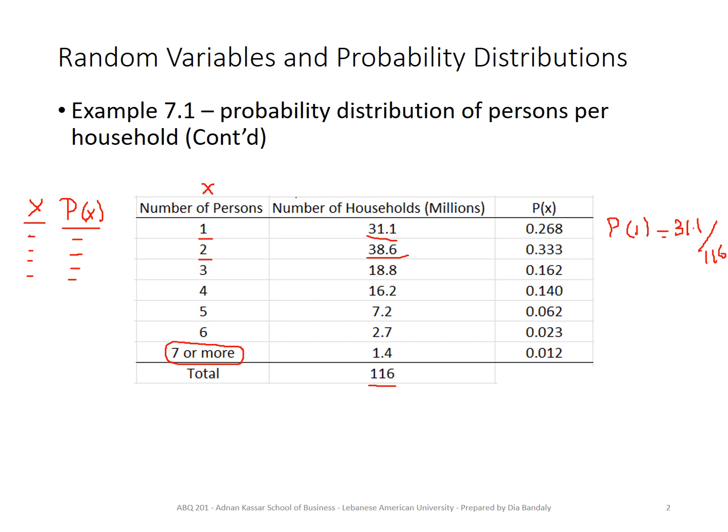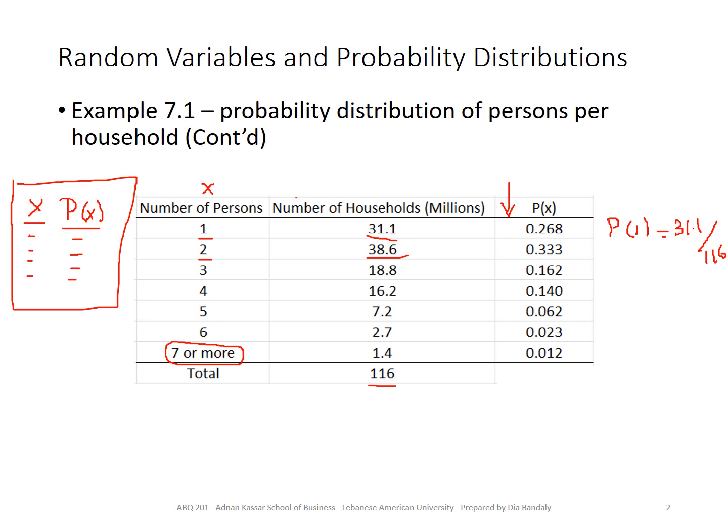Now we have something similar to this table. This is our probability distribution table. I have here the values of X, and here I have the associated probabilities. Now that we got the probabilities, remember we said there's a very important property.